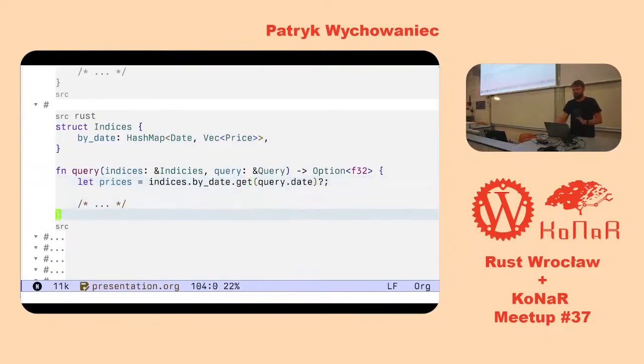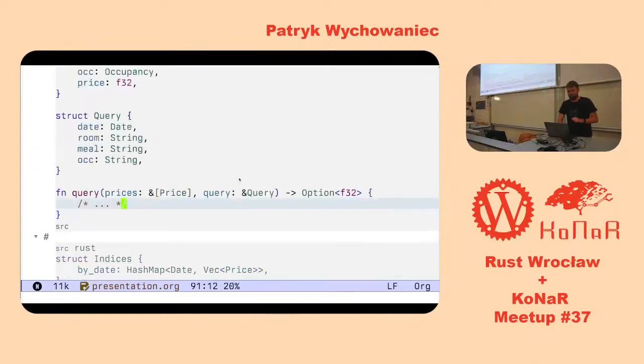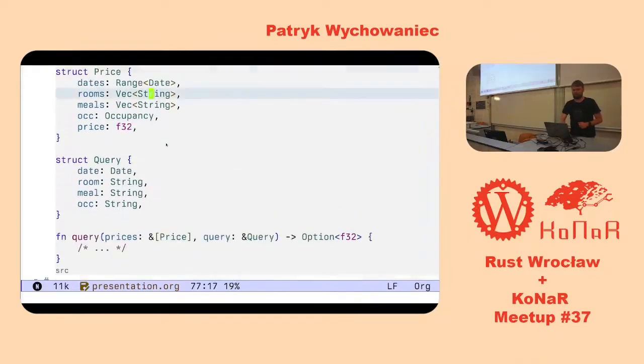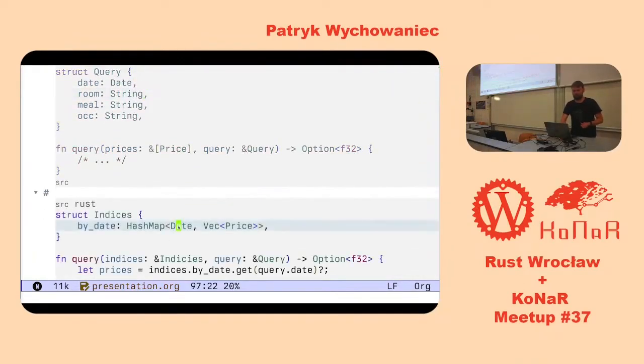And this is more or less how the implementation used to look. The first problem with this approach is that if we take a look at the input data, the prices in here can be specified for a range of dates. So if we later index them by just a single date, then if a price spans 7 days, it has to be cloned 7 times in order to be placed inside these different vectors for each of those dates.